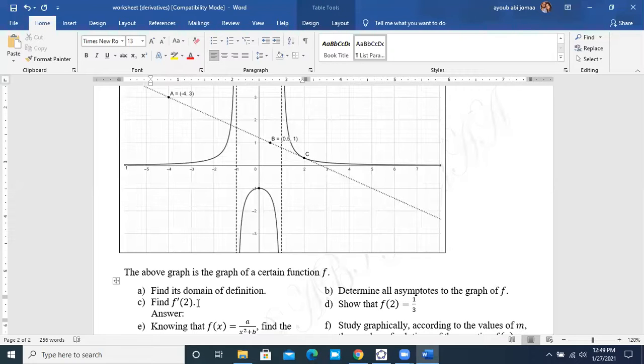You don't have the function in order to find f prime of x and then replace x by 2. Where is the function? Part E asks you for the function. It is not about f of 2, we have point C.